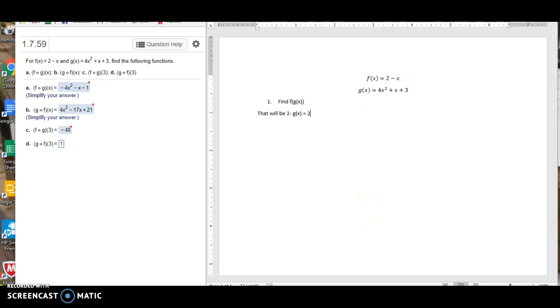So that will be 2 minus, and I want to make sure I use a grouping symbol because I'm subtracting the entire g of x, not just the first term of it. And so I need to put the entire function in the parentheses.